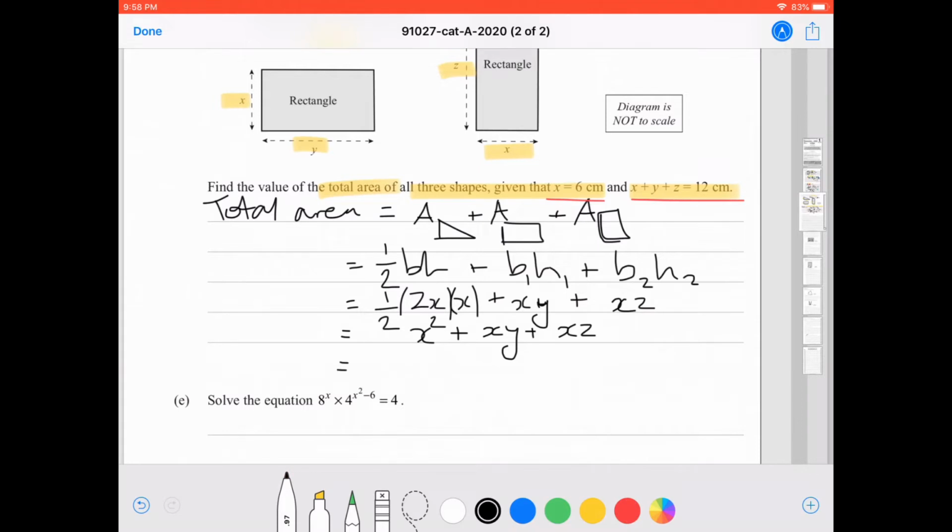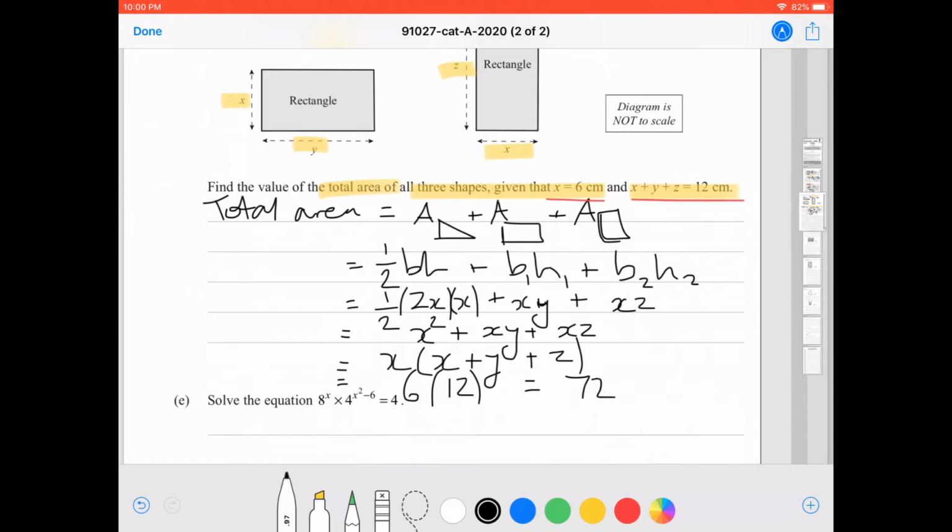But first, once again, always look for a common factor. We could take x as a common factor here, and inside the brackets we'd have x plus y plus z, and already you can see that we've made it much easier for ourselves. So x equals 6, x plus y plus z is 12. And 6 times 12 is 72.